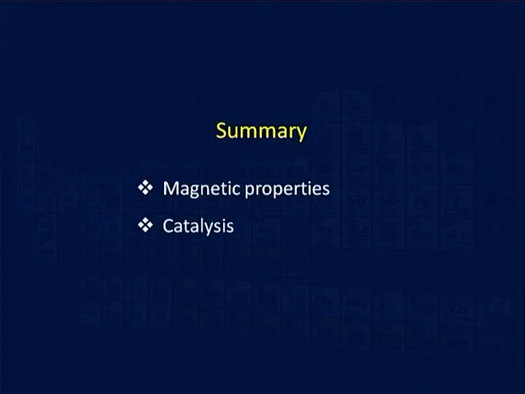Like this, there are many metalloenzymes containing transition metal ions, and therefore transition metal ions are very useful in metalloenzymes also. So, in this lecture we have seen the importance of transition metal ions, particularly in magnetic properties and in the field of catalysis.